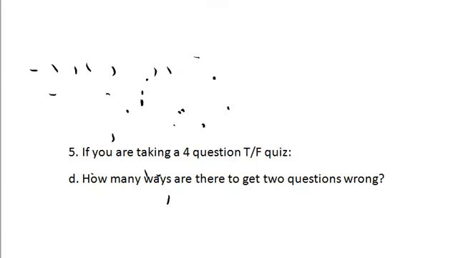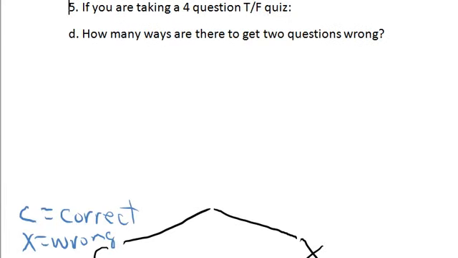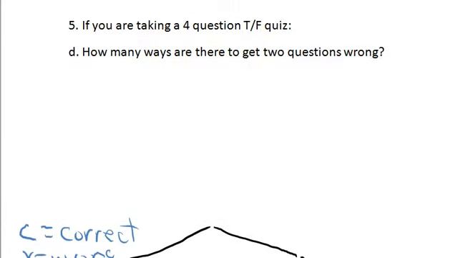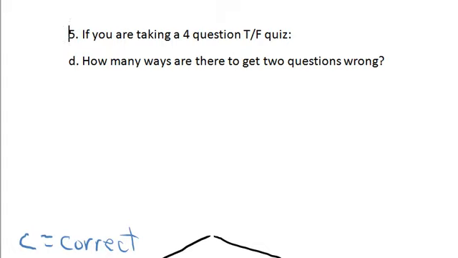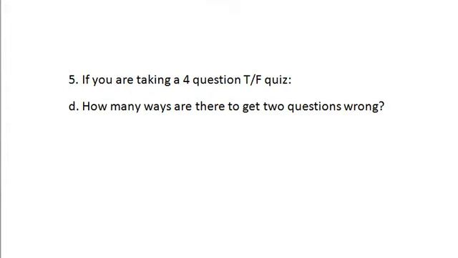There's yet another question about this same thing. We're still taking the 4-question true-false quiz, but this time they want to know how many ways there are to get 2 questions wrong.